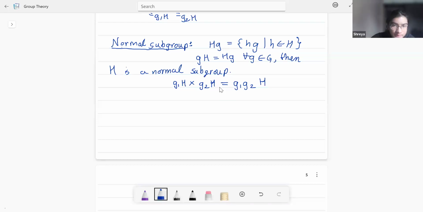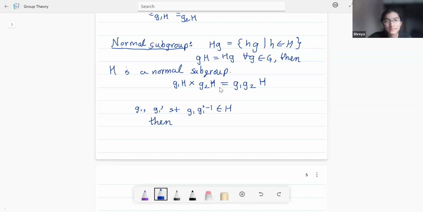All we have to prove is that instead of G1, if we had some other G1 prime such that the set is the same, meaning they are equivalent under that equivalence relation, so that G1 inverse times G1 prime belongs to H, then we should have these two also the same.